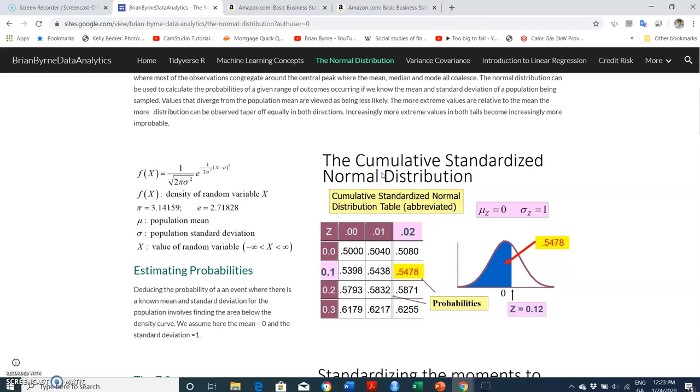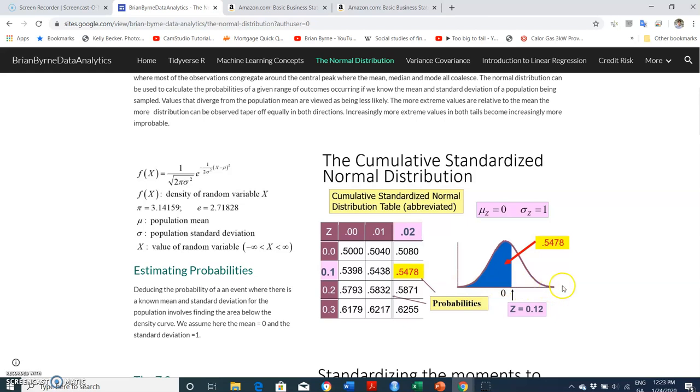Okay, so this distribution is heavily used in finance. In particular, we see it used in the Black-Scholes model. We see it used in value at risk models. A lot of the logic used to develop these types of risk modeling scenarios very often comes back to this idea, and the intuition behind those risk models very often rests with it: if we have a population, then typically most of the observations center around the mean, and the more extreme values in the population tend to be few and far between.